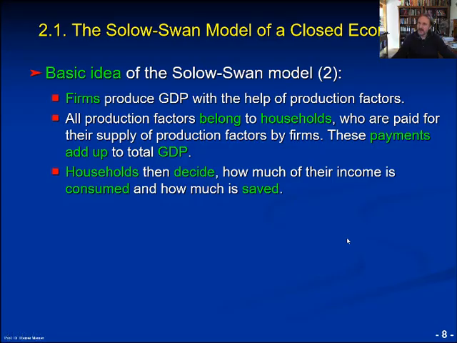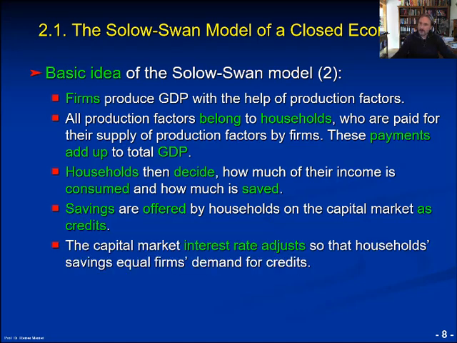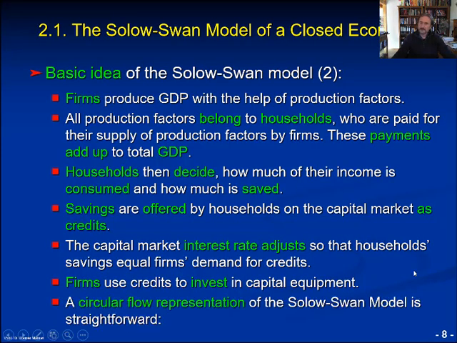Households then decide how much of their income is consumed and how much is saved. Savings are offered by households on the capital market as credits to firms. The capital market interest rate adjusts so that households' savings equal firms' demand for credits. Firms use credits to invest in capital equipment. The circular flow representation of the Solow-Swan model is therefore straightforward and quite simple.